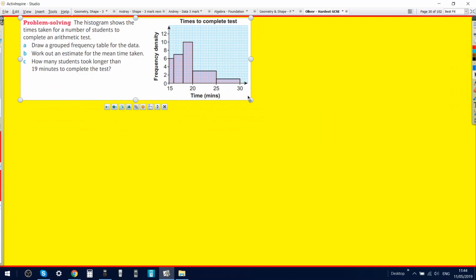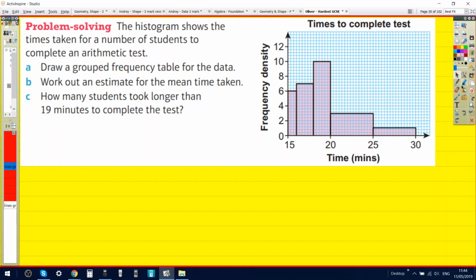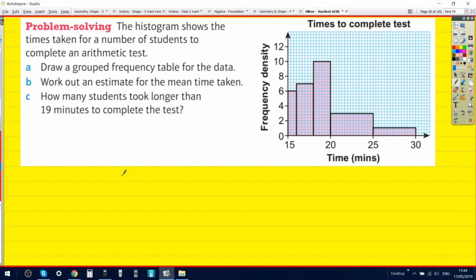Histograms. How do we do this? So it'd be 15 times 6 to get the frequency.